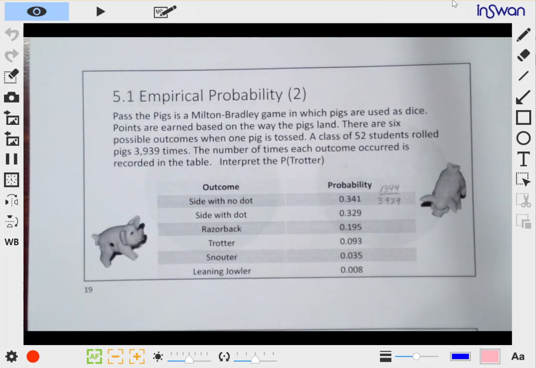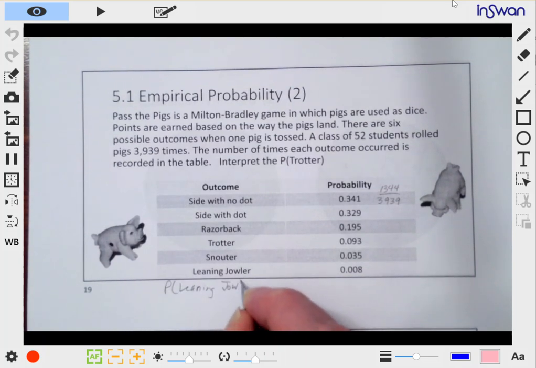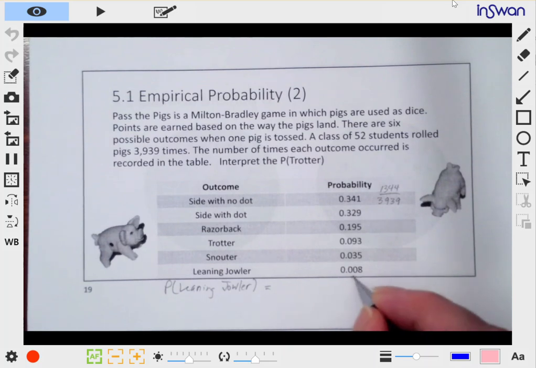So you'll notice the leaning jowler occurred 8 thousandths of the time. So we could say the probability of a leaning jowler based on our data here is equal to, now if you move that decimal, you could write it as a percent.